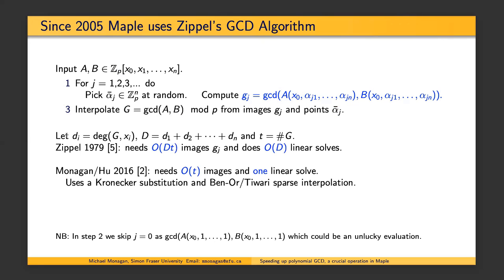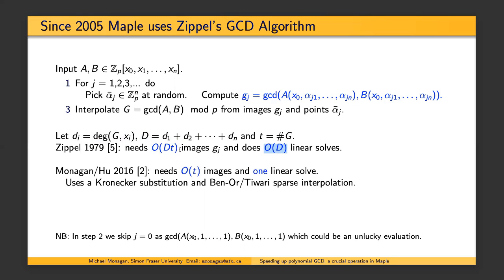Let di be the degree of g in xi, and let capital D be the sum of the degrees, and let t be the number of terms in the GCD. Zippel's algorithm uses order dt images, and it solves order d linear systems.